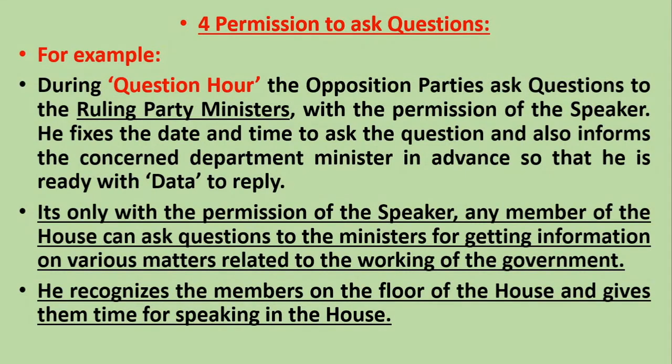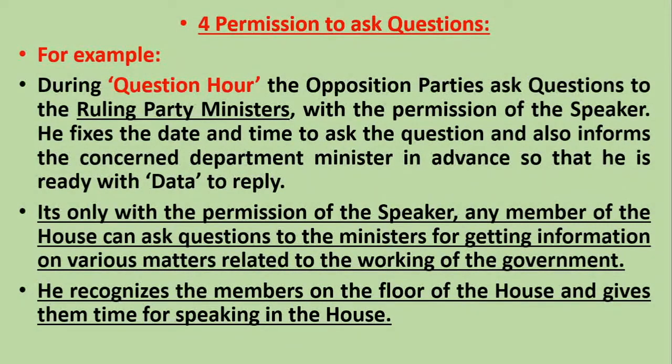Yes, students, here you see when the opposition parties ask the question to the ruling party minister, it's not that suddenly he can ask. He will deposit his question to the Speaker and the Speaker will give him permission with the date and time to be asked in the question hour.